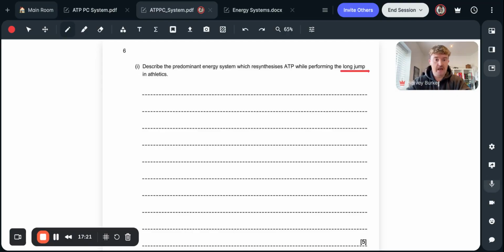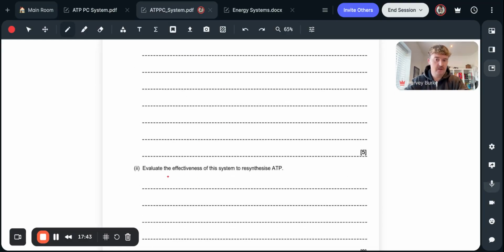So here, 1 out of the 5 marks would be for identifying that it's the ATP-PC system. And then because it's describe, you talk about how it happens in the sarcoplasm, where phosphocreatine is broken down by creatine kinase into a phosphate, a creatine, and energy. We'll have a look at the mark scheme for that now.